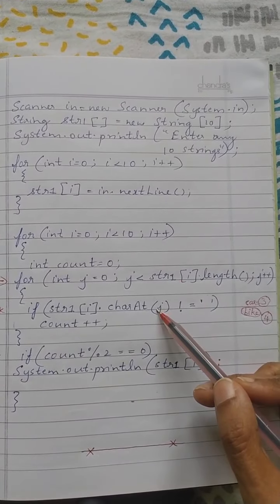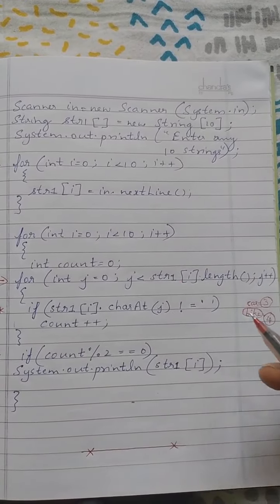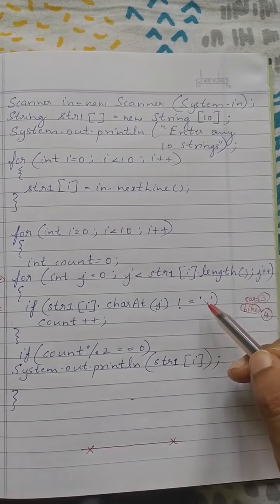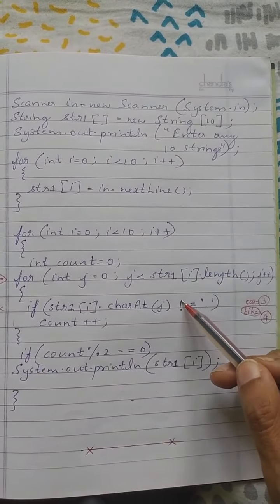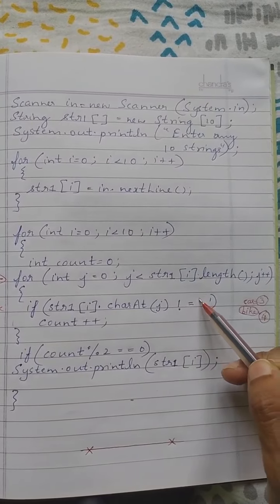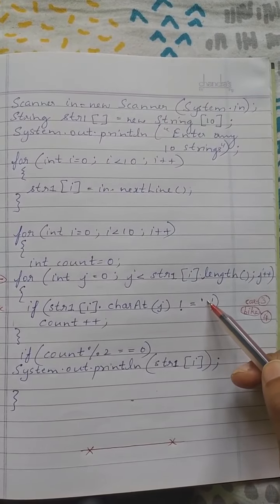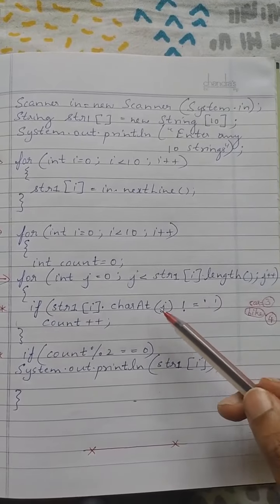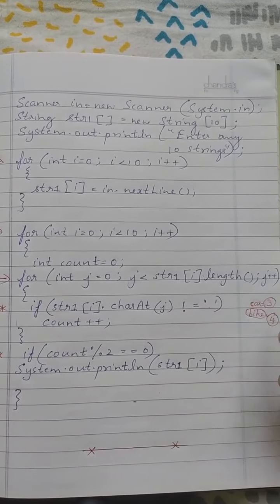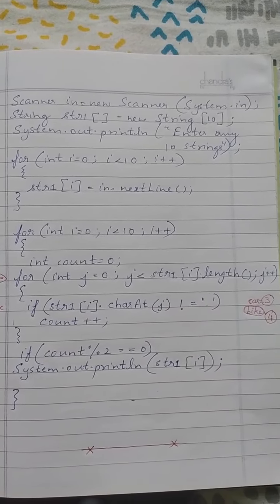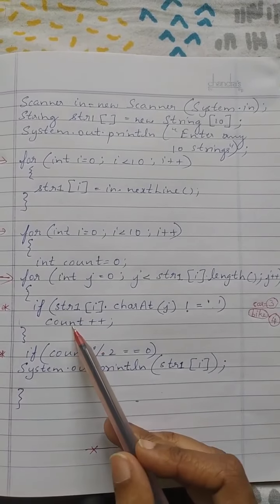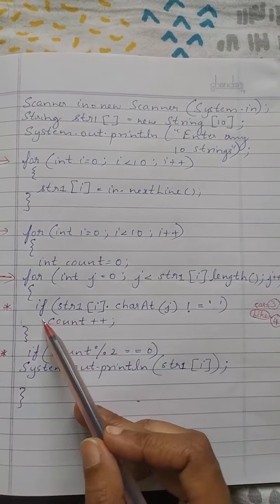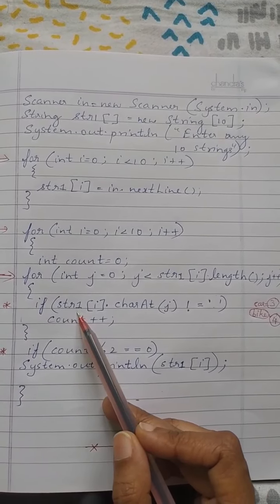So character should not be a blank space, right? So character should not be a blank space means you can put not equal to sign, and single quotes means this is a blank space. So a character should not be blank. There should be some character there, right? So you have to count the characters. So I am using count plus plus. This is the counter variable I am using here.